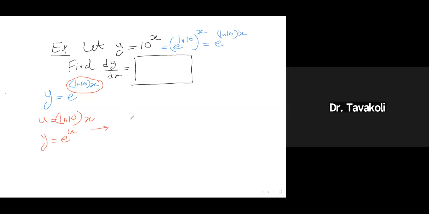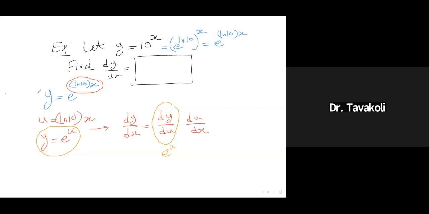By the chain rule, the derivative of y with respect to x equals the derivative of y with respect to u times the derivative of u with respect to x. This is quite simple because y is e to the power of u, so the derivative of e to the u is e to the u.